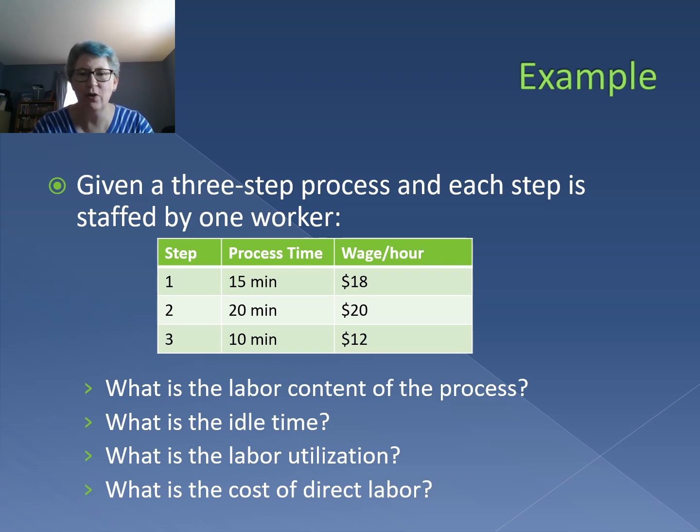And step 3 only takes 10 minutes to work on that flow unit, and the wage for that person is only $12 an hour. So we're going to look at the total labor content for the process and the idle time. Once we have the labor content and the idle time, we can calculate the labor utilization, and we can also then calculate the total cost of the direct labor.